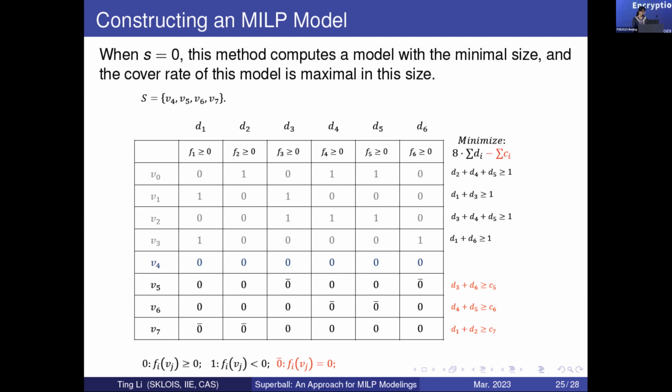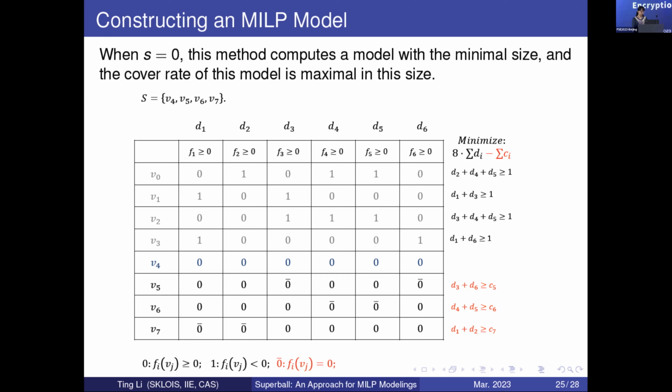If there are points that lie on the hyperplanes, that is to say, the approximate strength is 0, we want to compute a model with the minimal size, and the cover rate of this model is maximal in this size. So we use the binary variable Ci to indicate whether the point I lies on some hyperplanes or not.